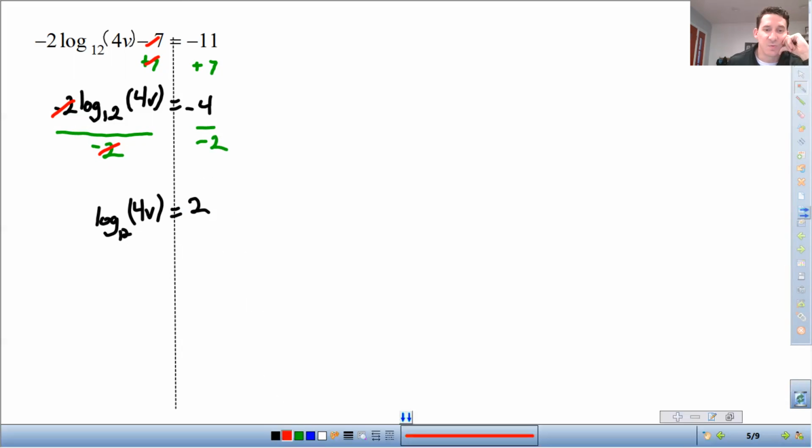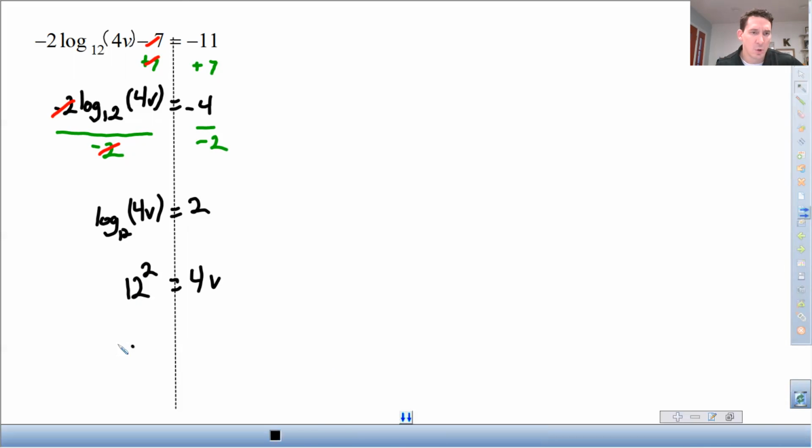And now this is where I can rewrite it as an exponential. So the base of the log is the base of the exponent. So 12 is the base. 2 becomes the power, is equal to 4b. Now when I work this out, 12 squared is 144. 144 is equal to 4b.